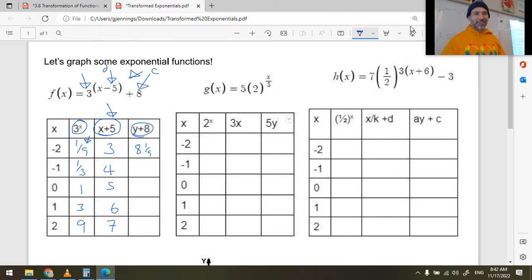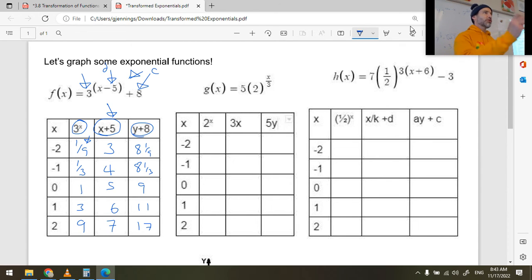My goodness. 8 and 1/3, 9, 11, and then 17.